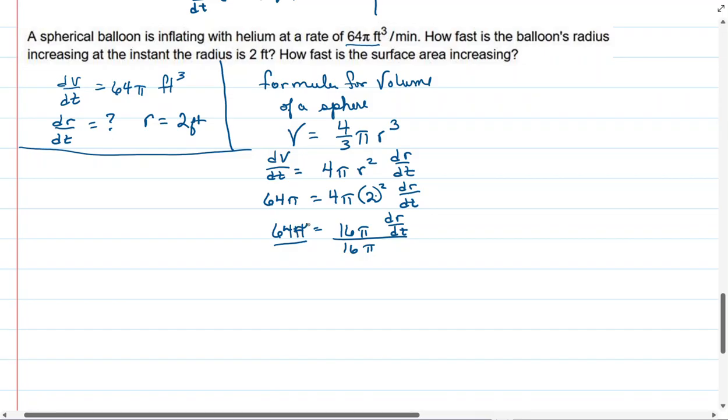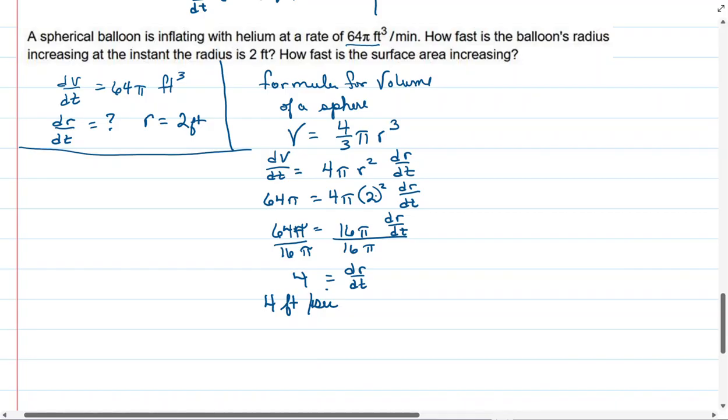I see that's a pi. Now what is that? 4? So this is changing at 4 feet per second. It's inflating. The radius is growing.